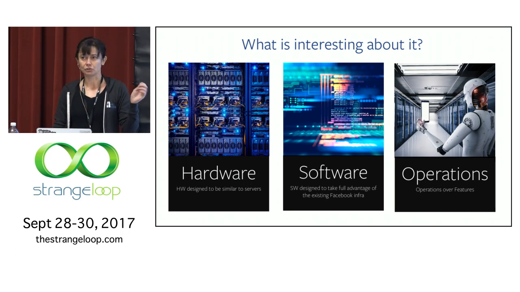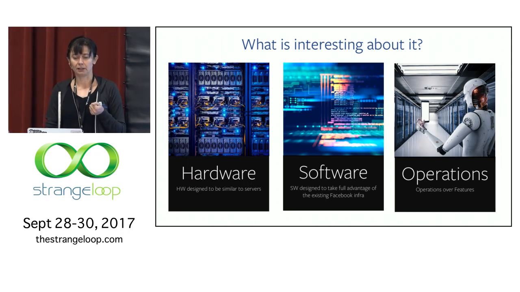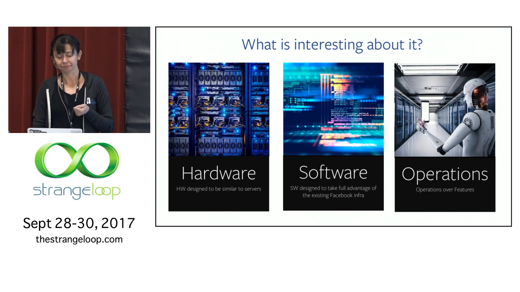But I think the most interesting thing, and the driving force, was this key principle of operations over features. Even though now we are in this business of developing our own hardware and software for switches, we are operators first and foremost. So what we want is to make sure that what we come up with can be operated easily.